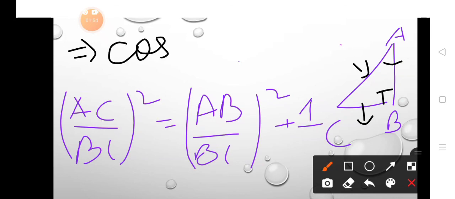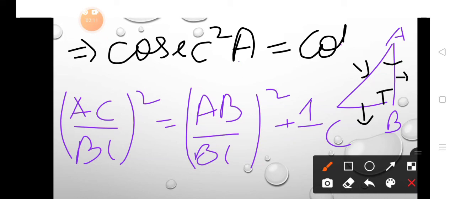Hypotenuse by opposite, so it is cosec square A. And AB by BC, AB means adjacent by BC, adjacent by opposite is cot. Okay, cot square A plus 1 is remaining here. Now this is our third trigonometric identity.